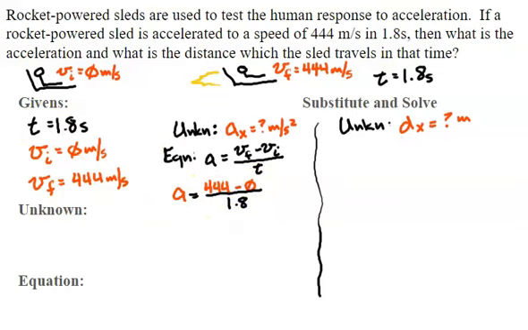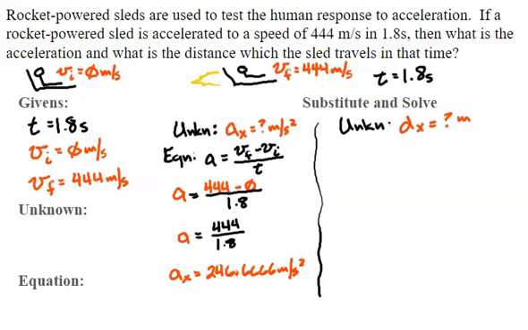And so my acceleration is going to be 444 divided by 1.8. When I do the math, my acceleration in the x equals 246.6666 meters per second squared.